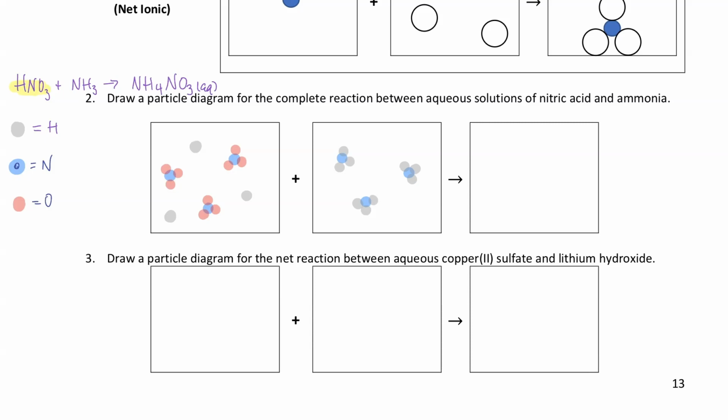All right, so because the ammonium nitrate is going to be soluble, we're going to show those 3 ammonium nitrates as those dissociated ions. So we're going to wind up with 3 ammoniums and 3 nitrates. So I'm going to start with my ammoniums. 1, 2, 3 here. And then let's put on my 4 hydrogens. 1, 2, 3, 4.